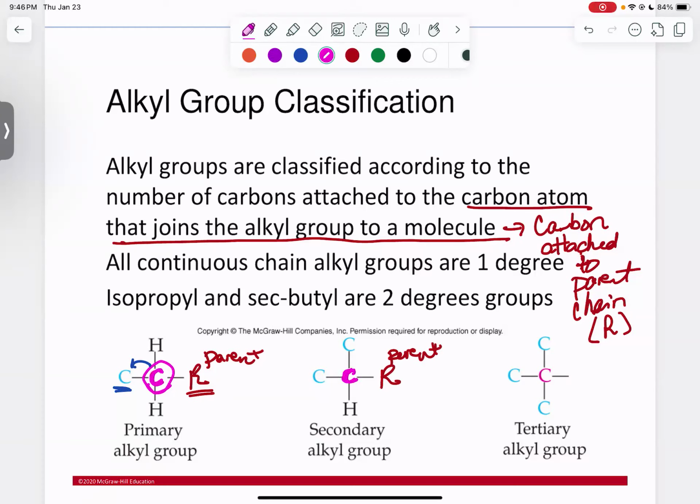And I'm going to say it's attached to two other carbons within the substituent. So that's a secondary alkyl group. If I look here, here's my parent. And then I have my carbon that's attached to the parent. That's the pink one. And it is attached to 1, 2, 3 carbons within the substituent. So we call it a tertiary alkyl group.